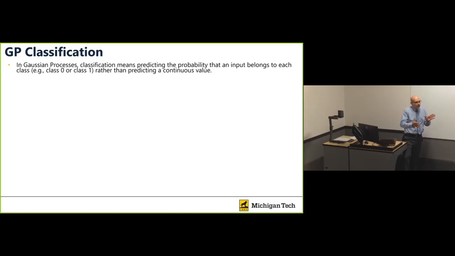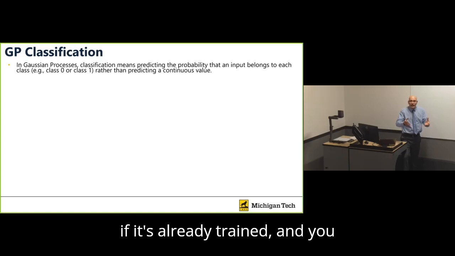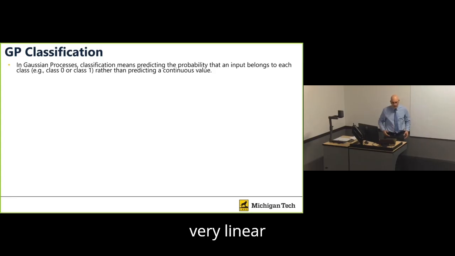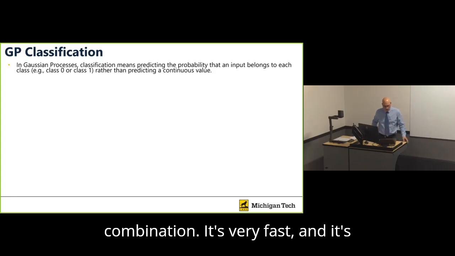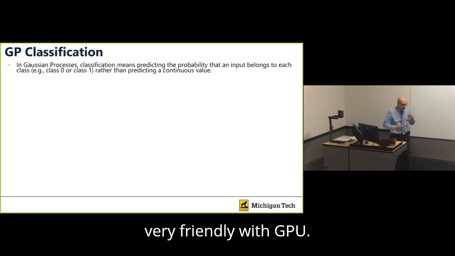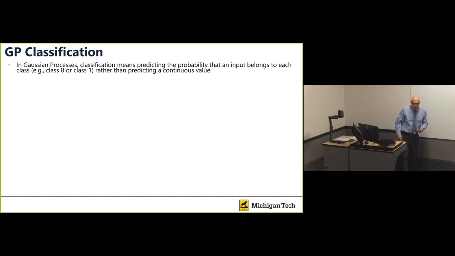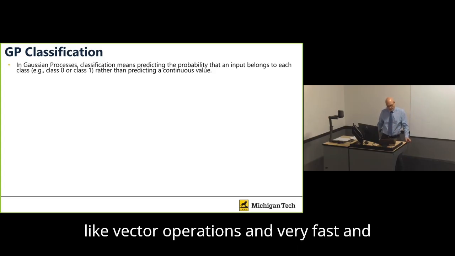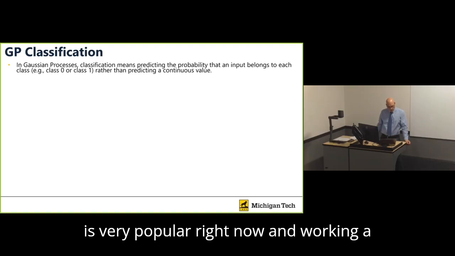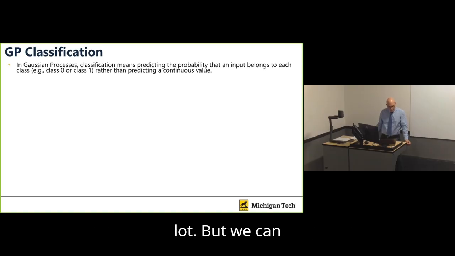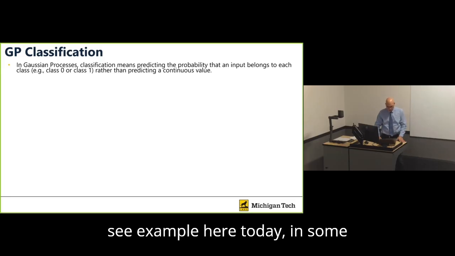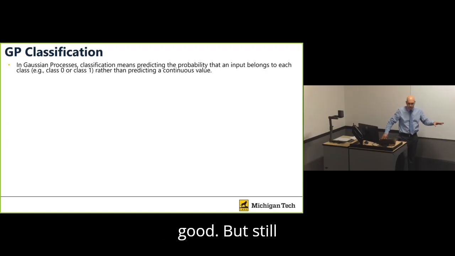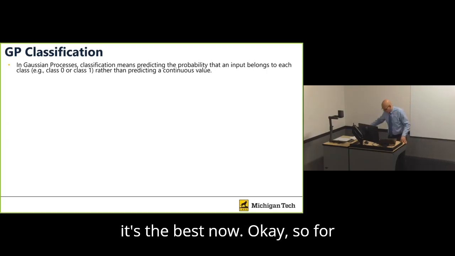If it is already trained and you already know the weights, you just give input and get output right away. It's a linear combination. It's very fast and very friendly with GPU and vector processors because of vector operations, and it is very popular right now and works a lot. But we can see an example here today where in some cases it really sucks. It's not good. But still, it's the best now.